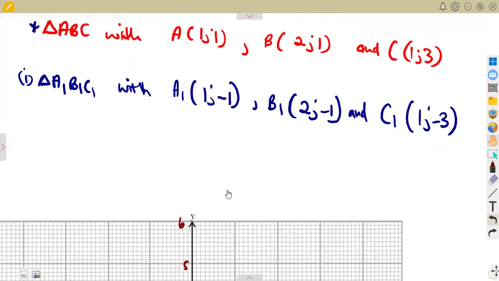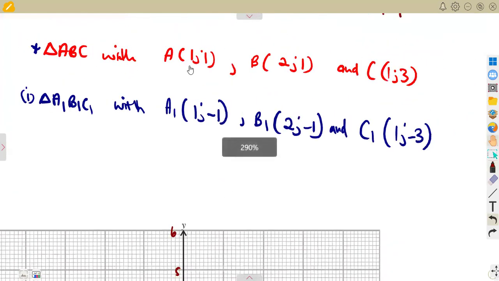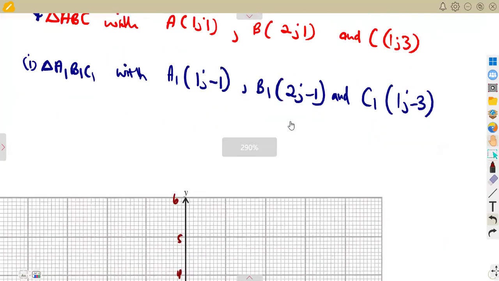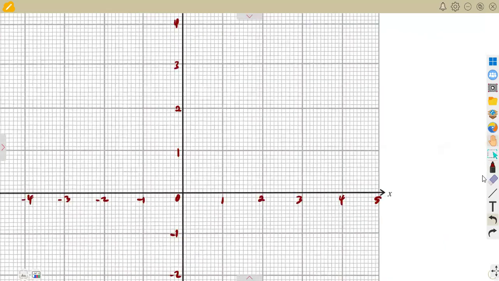We are given the triangle ABC with vertices (1, 1), (2, 1), and so on. All right, so let us have A, that was (1, 1), x is 1 and y is 1. So we mark that. That's our object, A. Then B is (2, 1), here you mark your point B. Then C is (1, 3), x is 1, y is 3.